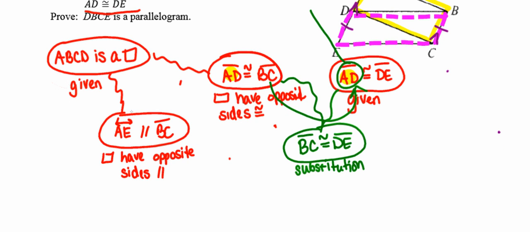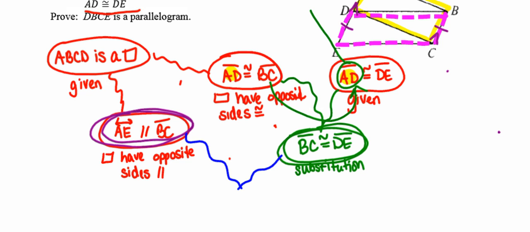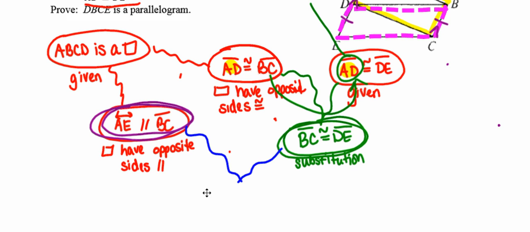So now, in the purple bubble, we have left side and right side parallel. In the green bubble, we've got left side and right side congruent. So we've got the same set of sides, parallel and congruent. That makes our figure a parallelogram.